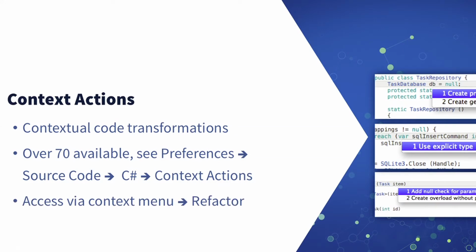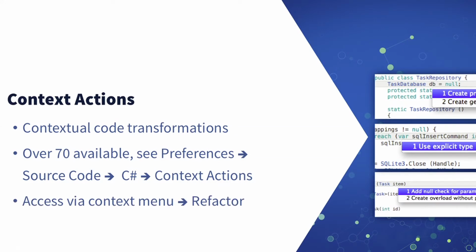On a property, if it's an auto property, it can automatically create a backing field. It can turn a property with a backing field into an auto property. It can turn a hexadecimal number into a decimal number. There are over 70 available. If you want to see them all, you can find them listed in preferences.